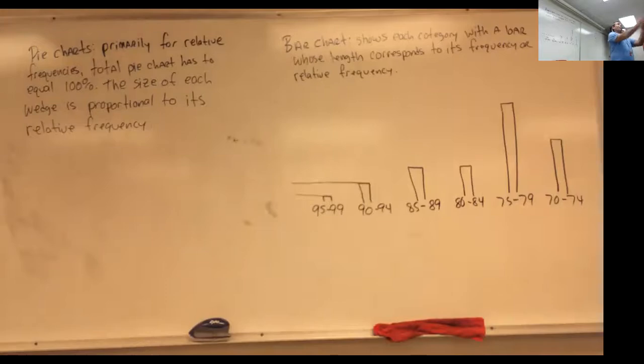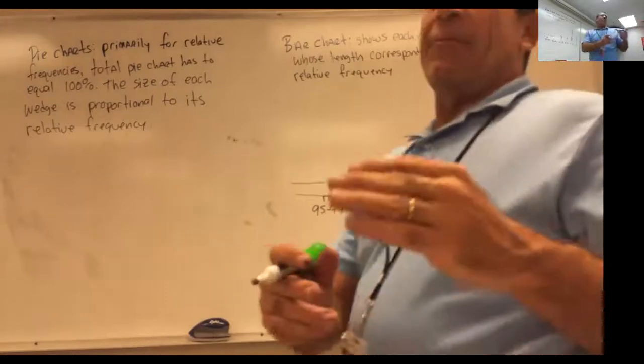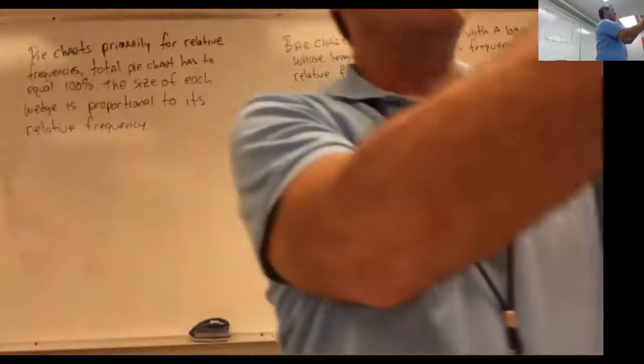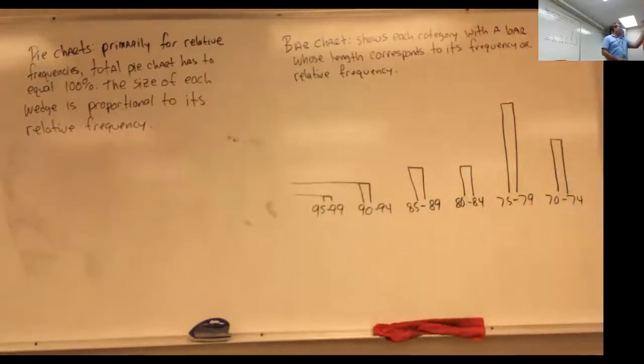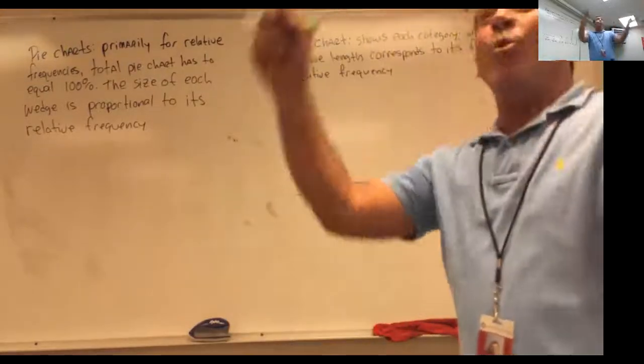Because 50% of something would be half of it. And then you might have pieces that were 25%, 10%. We even had one, I think, that was 5%. That's going to be a little bitty slice of that, okay? 1/20th of that pie.